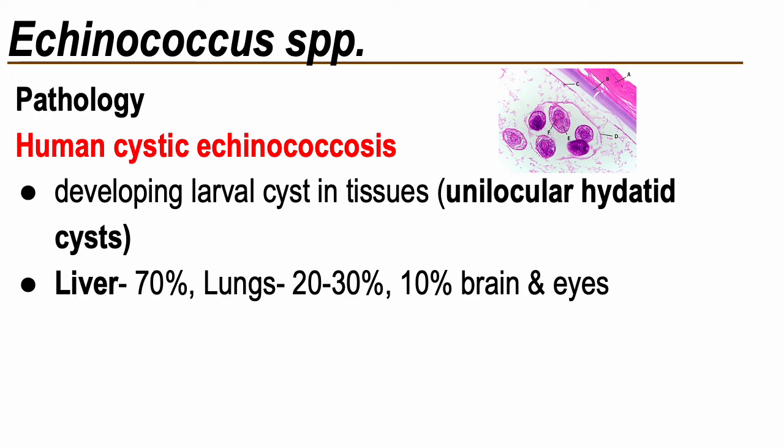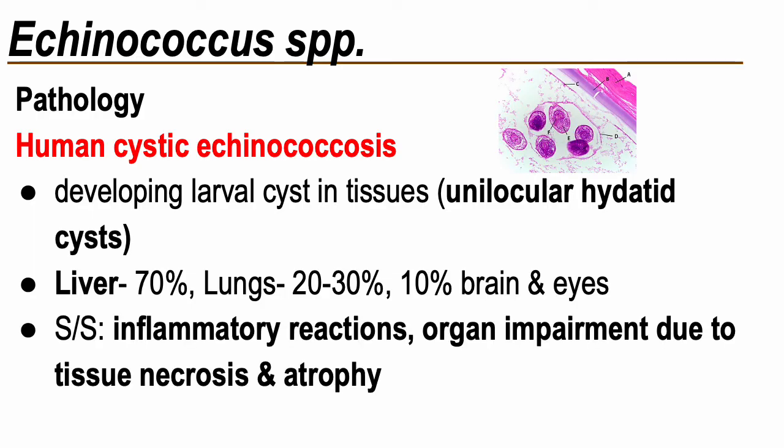So human cystic echinococcosis may manifest as inflammatory reactions within the infected tissue. So there will be inflammation and redness within the tissue, and in chronic cases, organ impairment may happen where tissue necrosis and atrophy is possible.